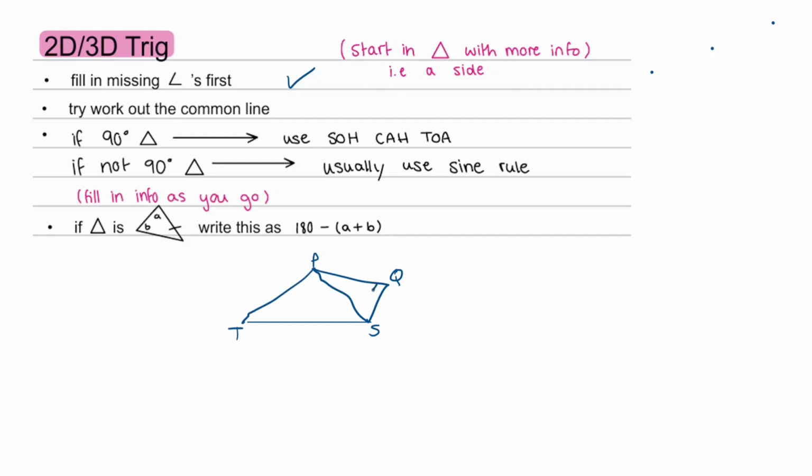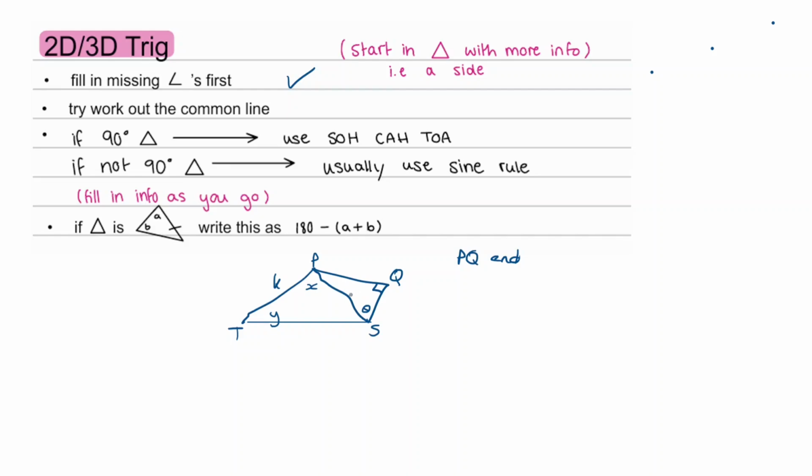Let me add something new to this made up question here, just to explain. Let's say you had a little bit more going on like this, and you're wondering which triangle should I start in. If you need to work out PQ, that can be an indicator of where you need to end the process, because you need to end with working out PQ. So it might be wise to start with the other triangle.